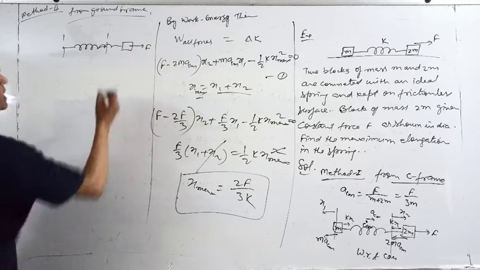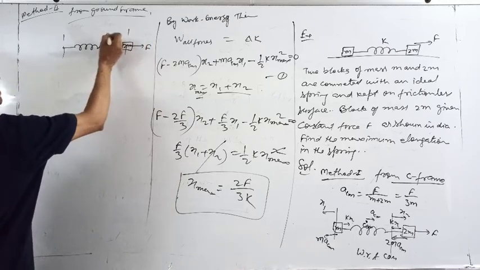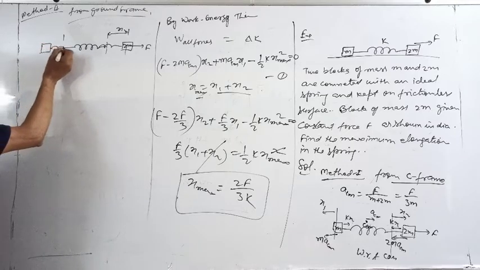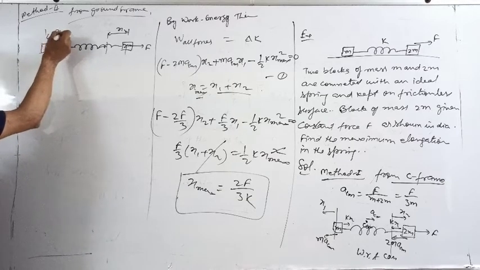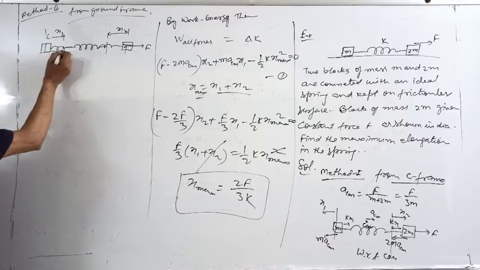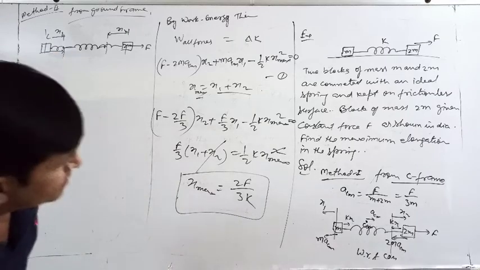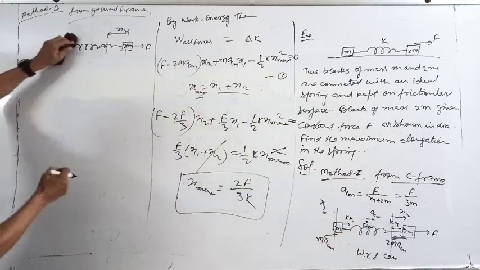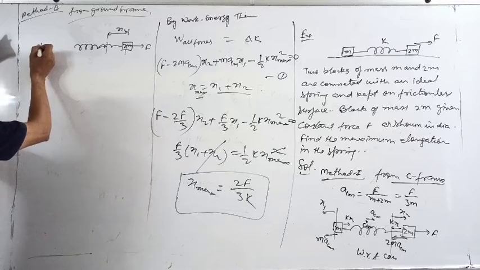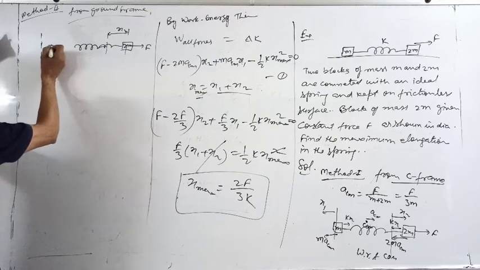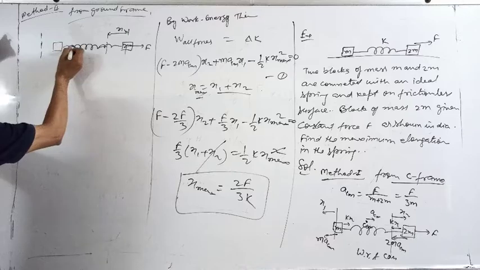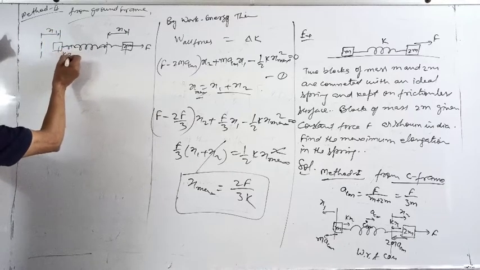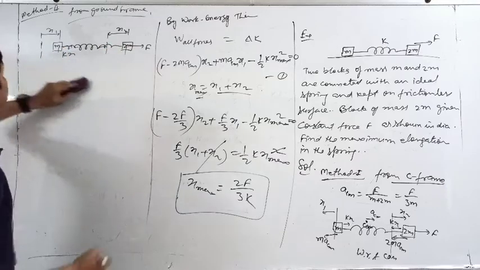F is the force and the displacement of this block is x2, and the displacement of the other block is x1. Since in this block only kx force is there, it was earlier here, now it is here. So kx acts here on mass m, and this is your x2.